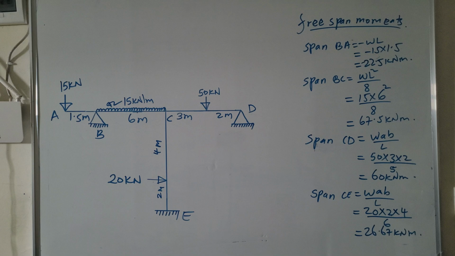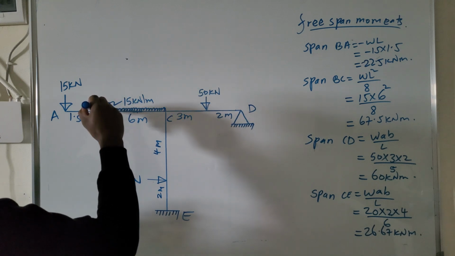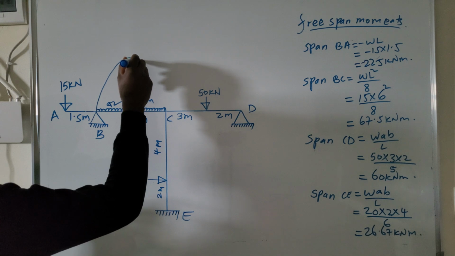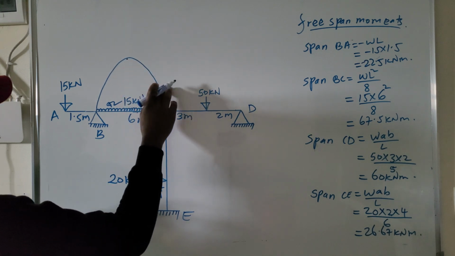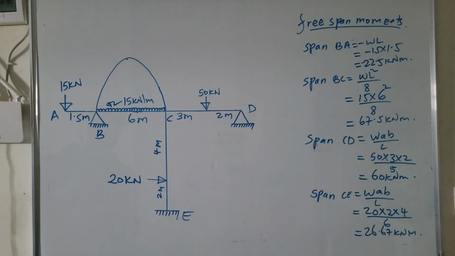After that, we will draw the free span moment diagram. And this is how we draw free span moment diagram. So for span BC, we have 67.5. So we will approximate like that.